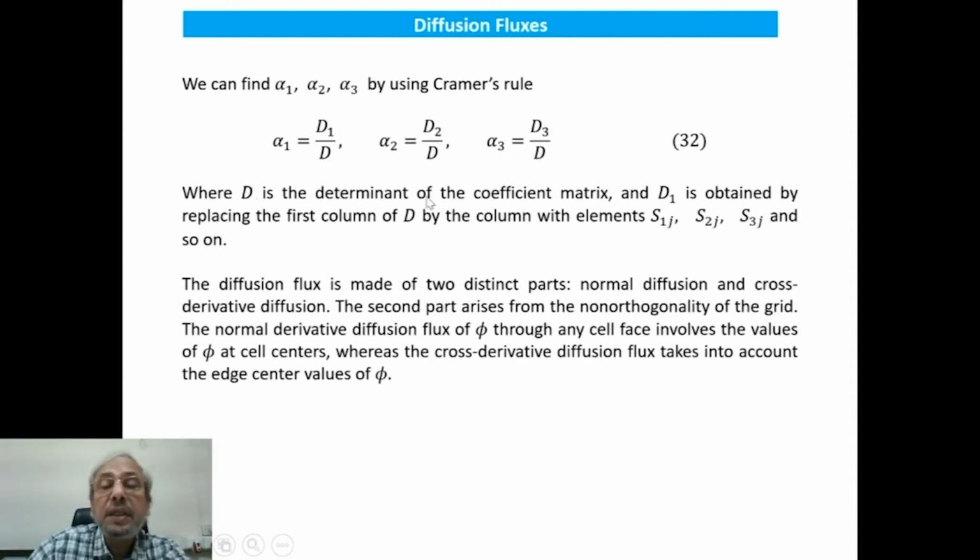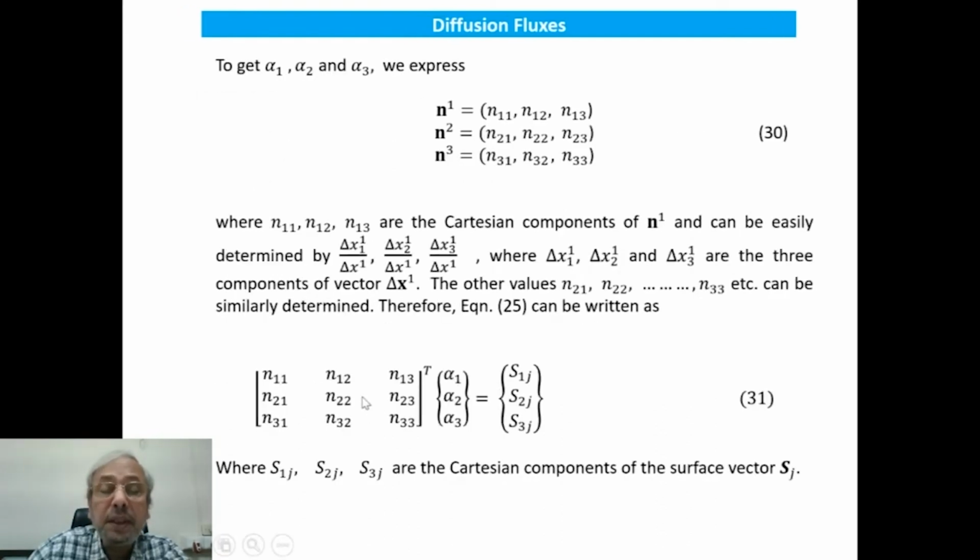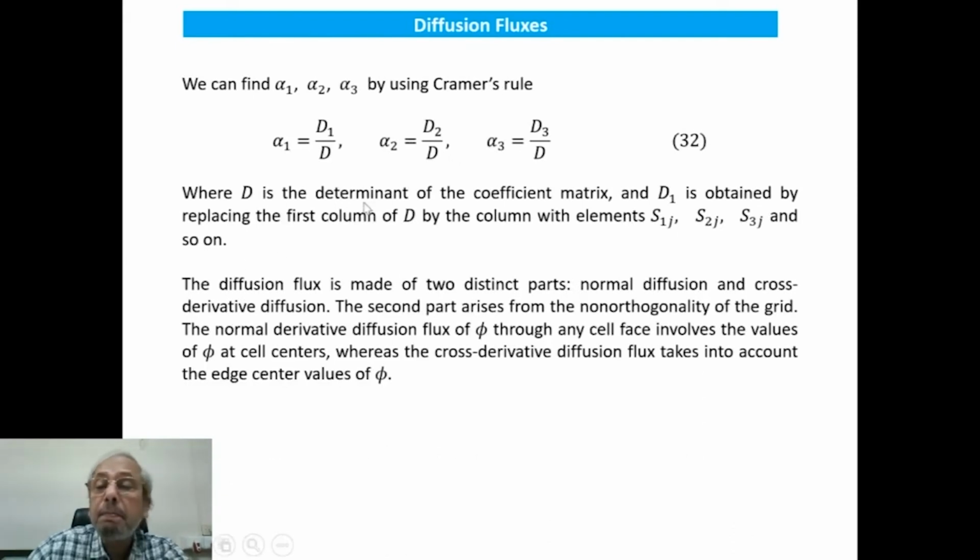D is the determinant of the coefficient matrix. If we look at equation 31, the coefficient matrix determinant is D, and D1 is obtained by replacing the first column of D by the column with the elements S1j, S2j and S3j.